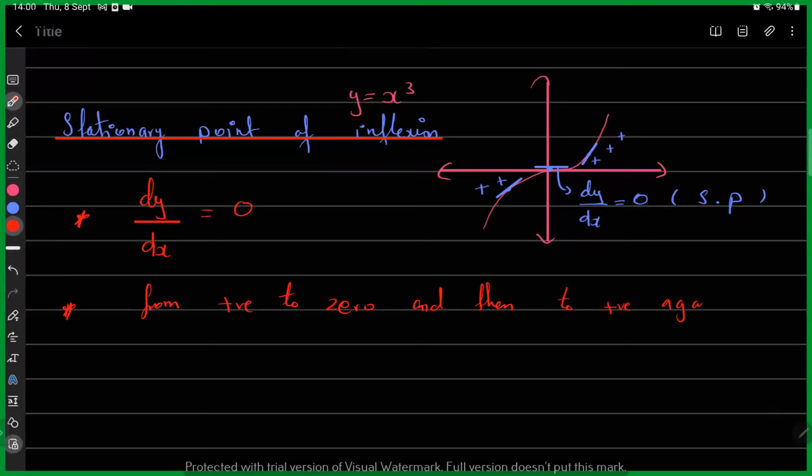Now, what does this mean? This basically means that the gradient was positive here, and then at this point it became 0, and again it is positive. Similarly, it could be for negative as well, from negative to 0 and then to negative again. So the curve could be the other way around as well, right? In that case, again, this is going to be your point of inflection.